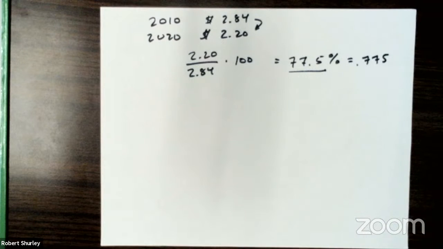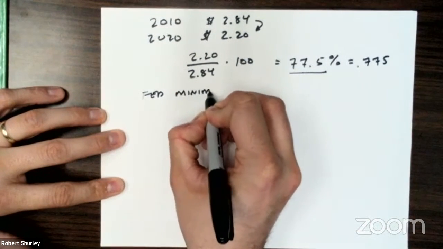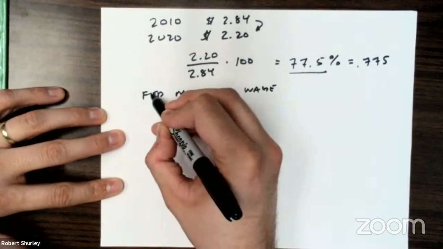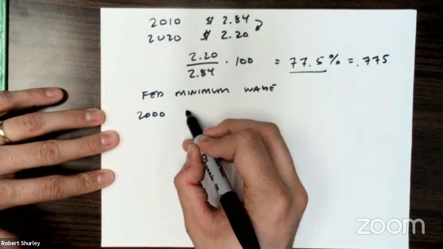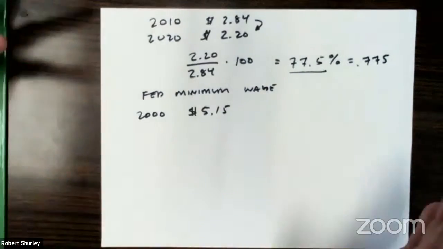The annual minimum wage. I know my first job was in like 2000, so we'll do that. Now this is the federal minimum wage. In 2000 it was $5.15. Of course, cities and states might have different laws.